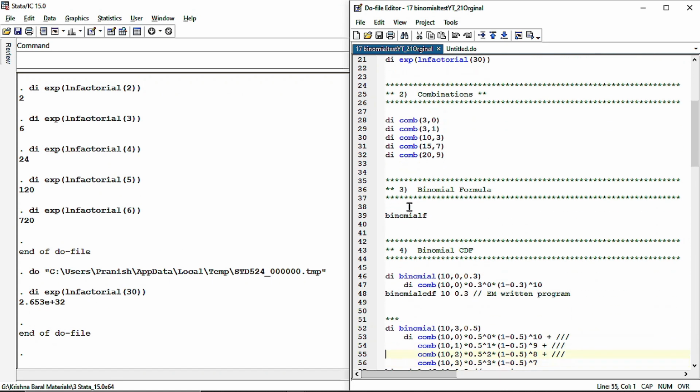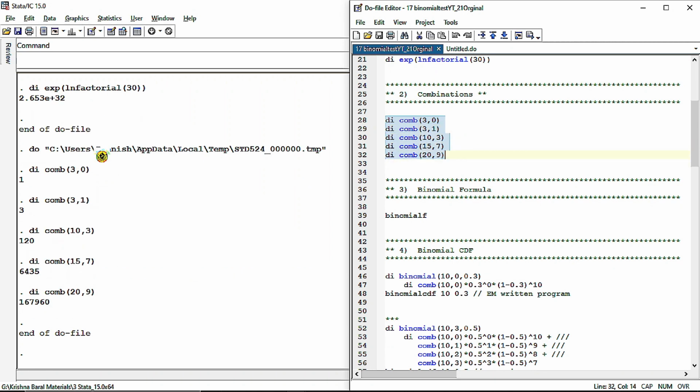Another useful function that we require in binomial distribution is combination. How do we explain this? Let us run them first and then explain.